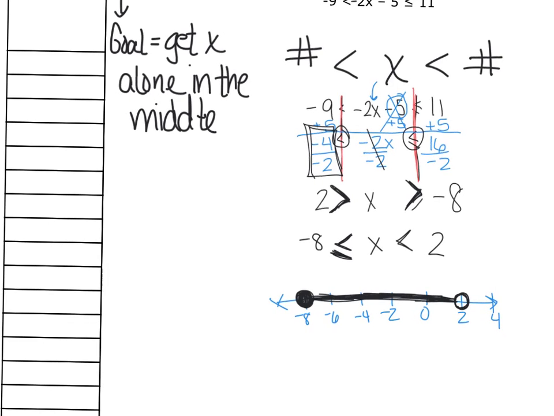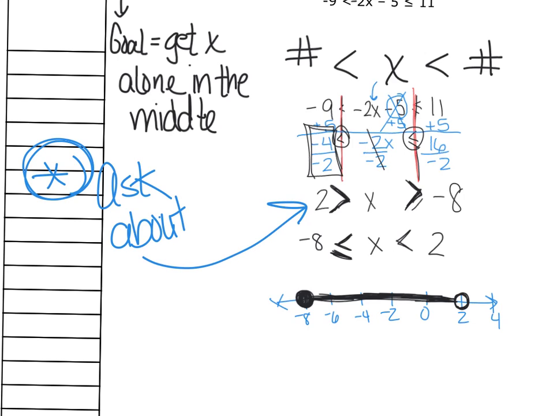Or if you have a question and you don't understand something, just put a little star in the margin and circle it and say, ask about this, right? And then just point to it, and then next time you're in class, you can ask me that question, or you can ask a friend that question, all right? Sometimes your friends can explain it better than I can because they speak teenager and I don't.